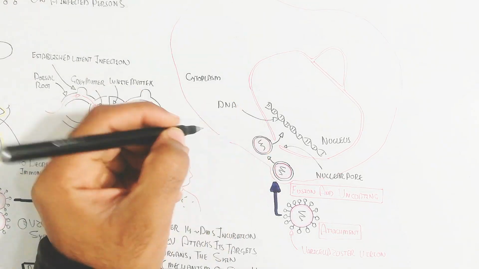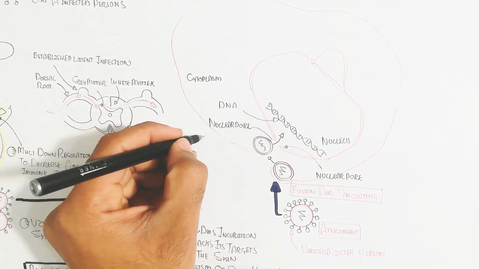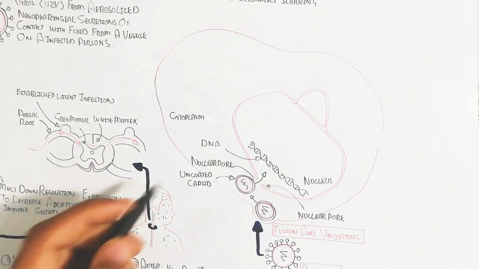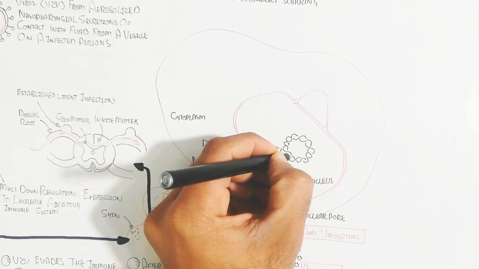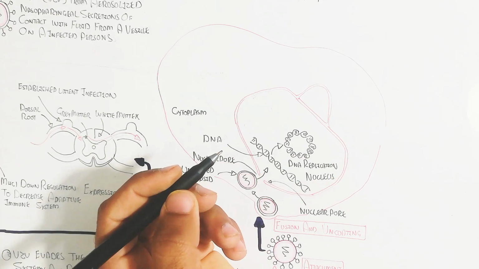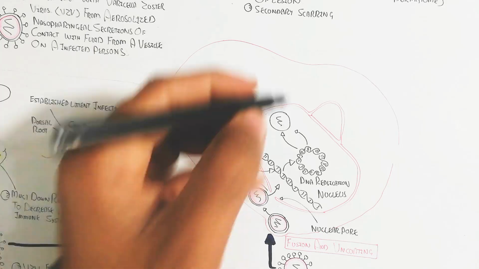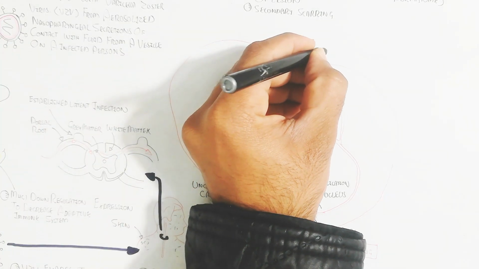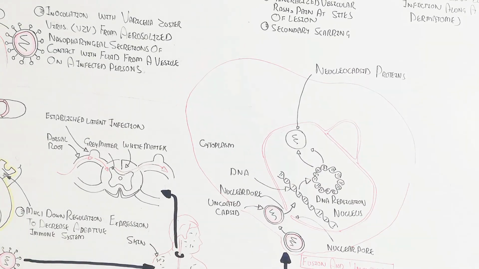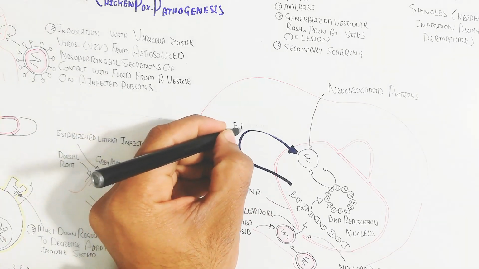After this, the uncoated capsid goes through the nuclear pore into the nucleus and binds with the DNA, and the DNA replication will occur. Nucleoprotein synthesis occurs from the transcribing of the DNA, going into the cytoplasm to produce E and L protein in the cytoplasm, which enter into the nucleus, and in this way the budding across the nuclear membrane will occur.